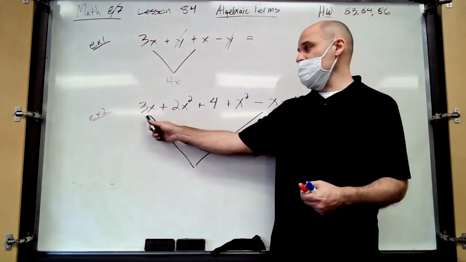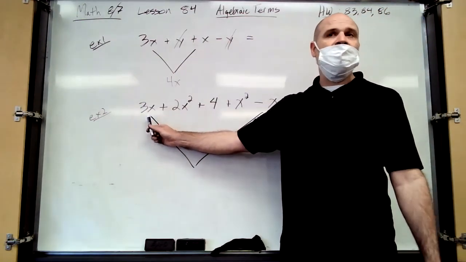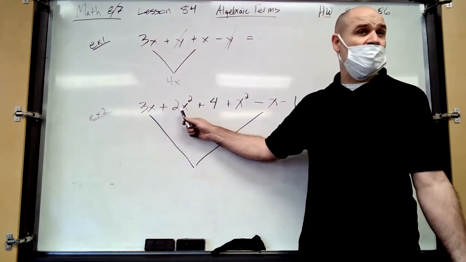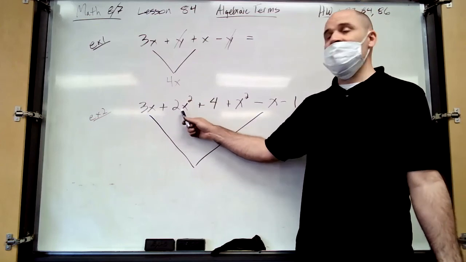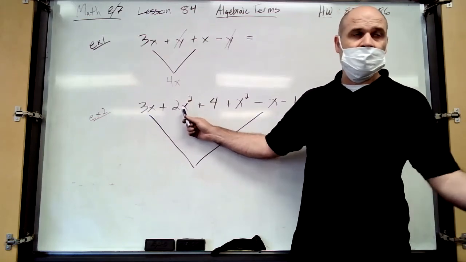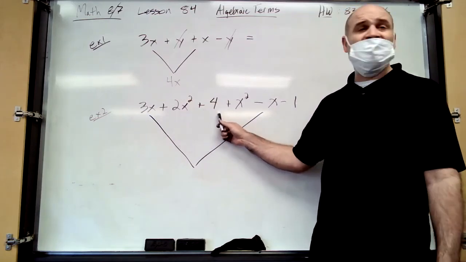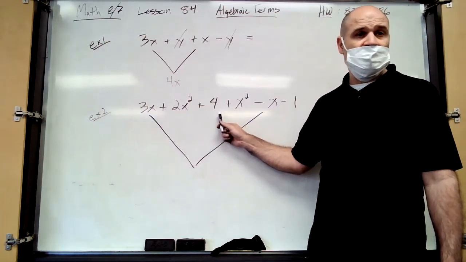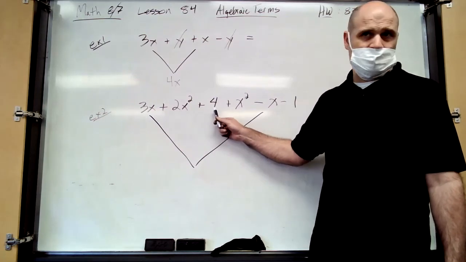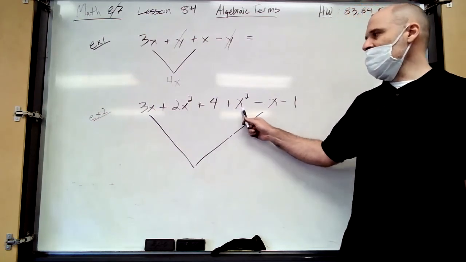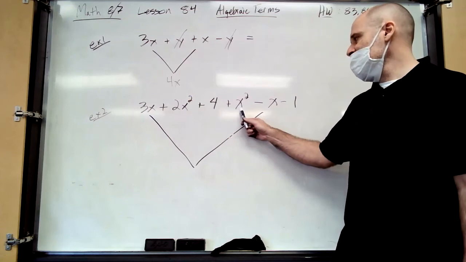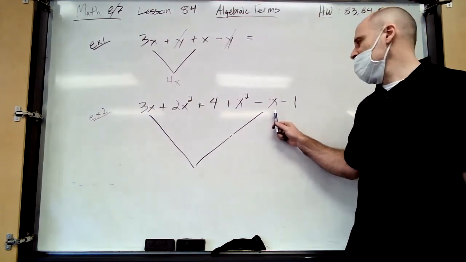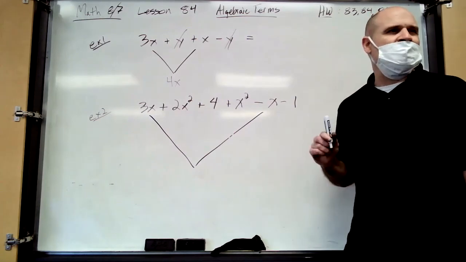So there are three Americanos plus 2 more. These are different. So these are like caramel lattes. And then this is a different drink too, because this doesn't have any variables in it, right? So that's 4 waters, plus 1 more caramel latte, minus an Americano, because we decided we didn't want one, minus 1 of those waters.